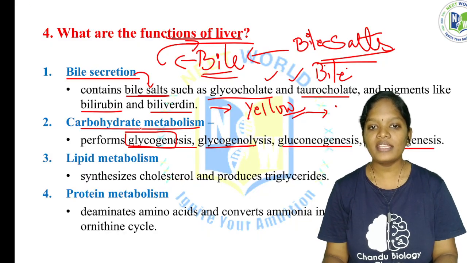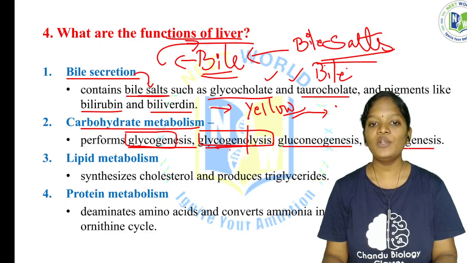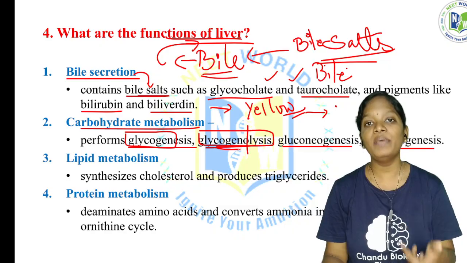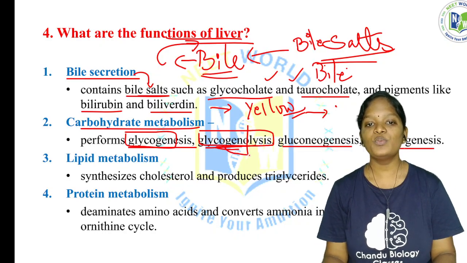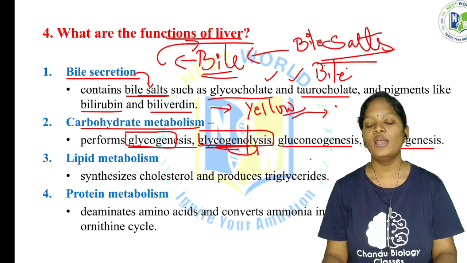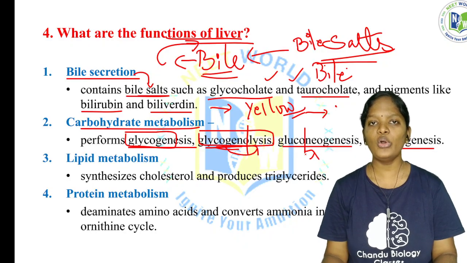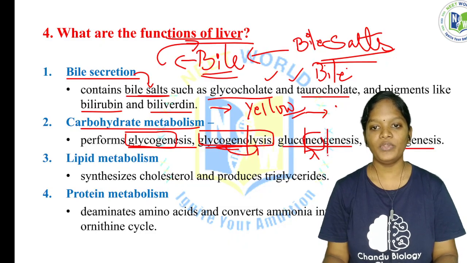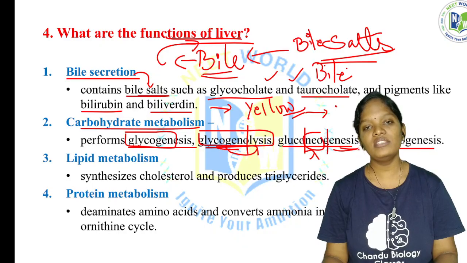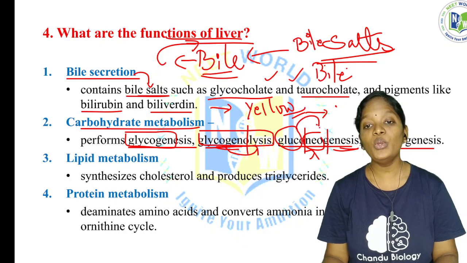Glycogenolysis: lysis means break, so glycogen is being broken down. Gluconeogenesis: gluco means glucose, neo means new, genesis means synthesis, so glucose is synthesized from newer sources.